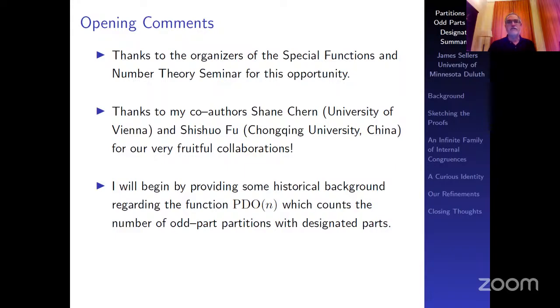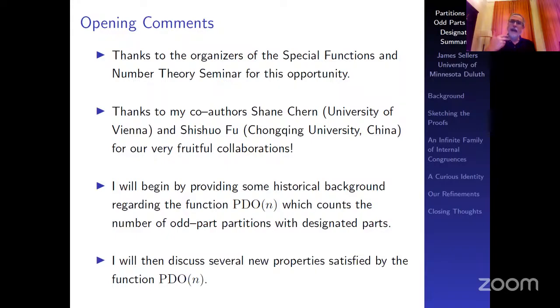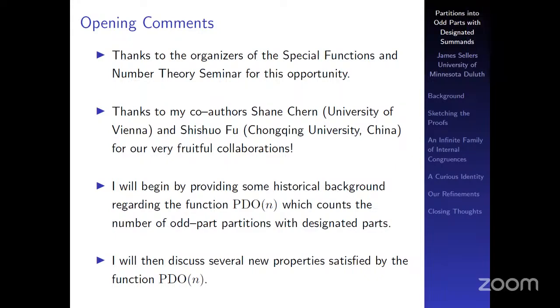PDO counts the number of odd part partitions with designated summands. So P stands for partitions, D stands for designated, and O stands for odd. So this is where the notation comes from. And then once we get past that historical background, I'm going to talk about various new properties for this function. And I'm actually pretty excited about these results.